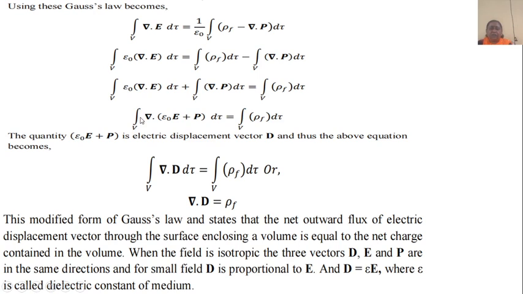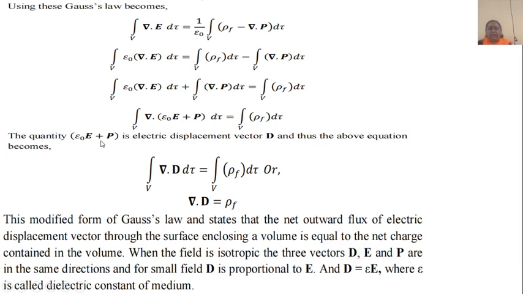Now, integral over volume V del dot (epsilon 0 E plus P) d tau, equating these two integrals, equal to integral over V rho F d tau.